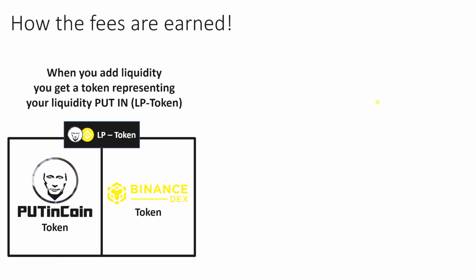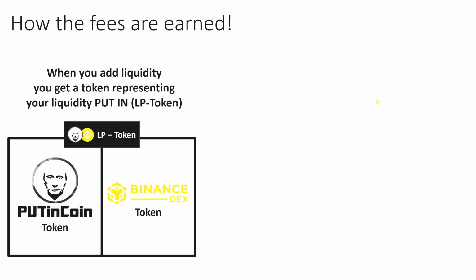Whenever you put in, it will be represented by LP tokens so that you always have access to it. You can always withdraw it and always add some to the liquidity pool. And you can also sell or transfer your share in the liquidity pool when you transfer the liquidity token.